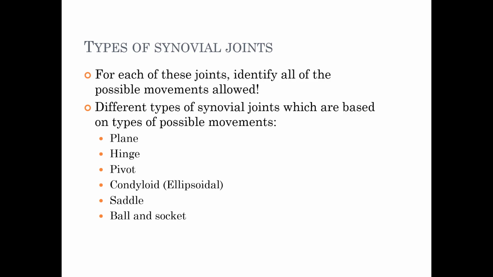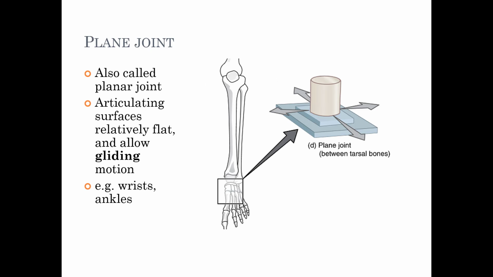Okay, so we have different types of synovial joints. These different joints are going to have different possible movements allowed. Okay, so we'll talk about the different types of movement that are allowed at each of the synovial joints. So we have planar joints, we have hinge joints, pivot joints, condyloid or ellipsoidal joints, saddle joints, and ball and socket joints.